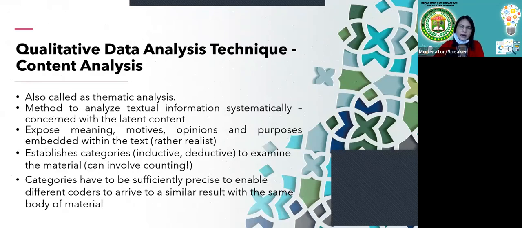So upon analyzing the textual information systematically, you are going to create different themes. Okay, so you're going to generate a general idea out of the raw responses of your participants. So let's say, for example, participant A has this answer to your question, really lengthy.